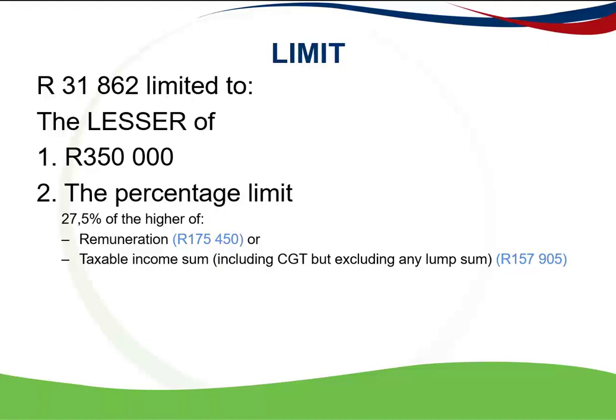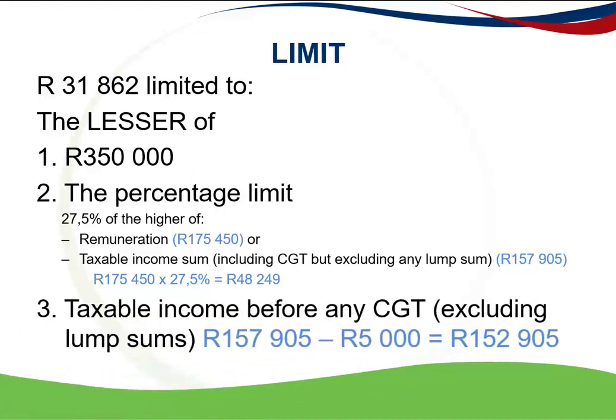Well, obviously remuneration is the 175, and we then calculate 27.5% of that amount, and we get to the second limit being 48,249 Rand. And then the third limit is the taxable income before any capital gains tax. Okay, so this question didn't have any lump sums, but the question did tell us that there was an amount of 5,000 Rand included in terms of capital gains tax. So we need to minus that to get to the taxable income for the third limitation.